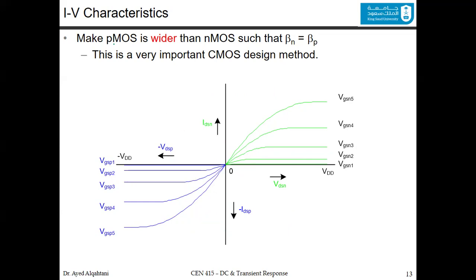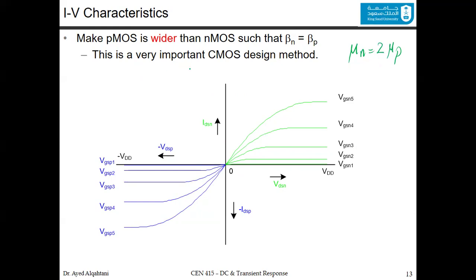And we also need to make sure that the PMOS is wider than the NMOS, such that both betas are equal. And we know that the mobility of the N is twice the mobility of the P, and we can equalize the betas if we make the width of the P more than the width of the N. And we will come to that in more detail in one of the coming slides.